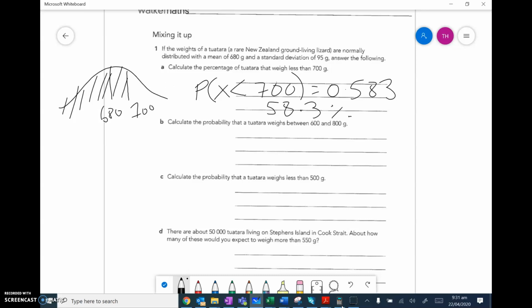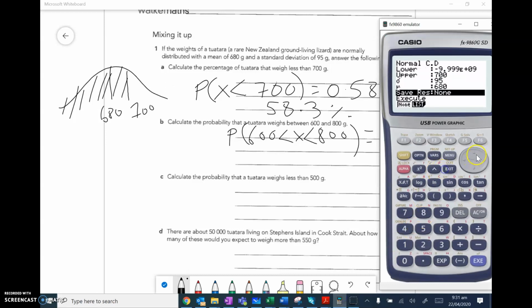Okay, next one, calculate the probability that a tuatara weighs between 600 and 800 grams. So your statement should look like this: probability that x is between 600 and 800, and in my calculator my lower is going to be 600 and my upper is going to be 800.